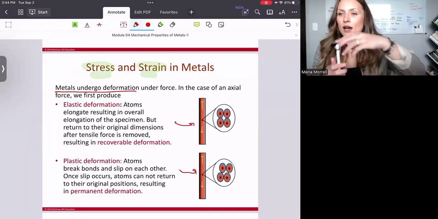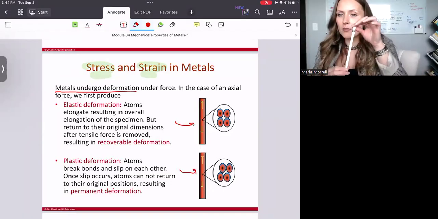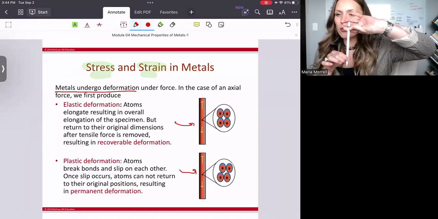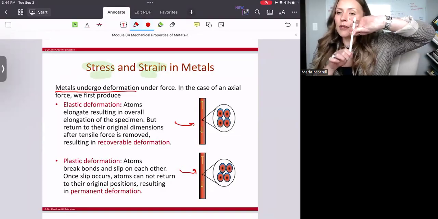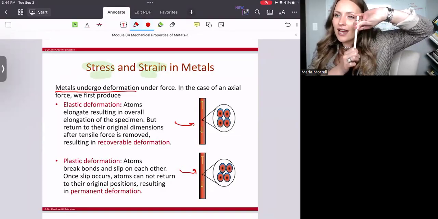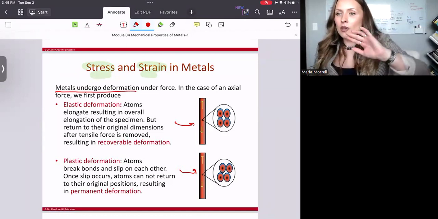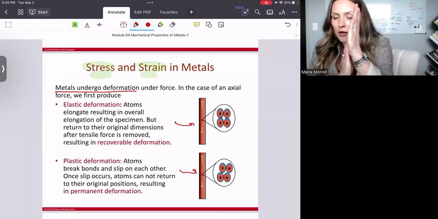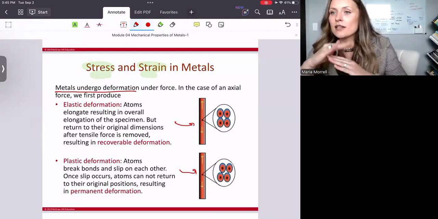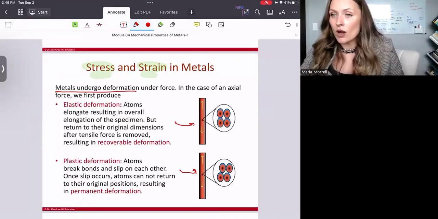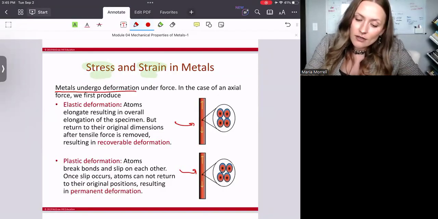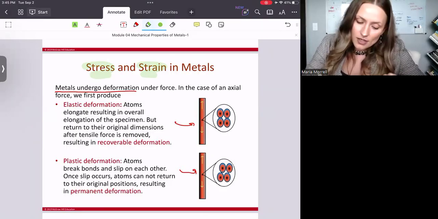I want you to think of a metallic bar, and imagine that it is fixed on both ends. I'm applying the force and stretching it upward, because I'm trying to imitate the same motion you would do in cold rolling or wire drawing. Now, the deformation can be of two types. First is the elastic deformation.